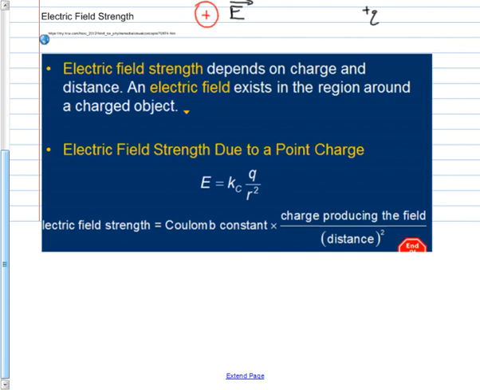So electric field strength due to a point charge, here's our next formula. Electric field strength equals Coulomb's constant times the charge producing the field, divided by my distance squared. The closer I am, the stronger that electric field strength is. Farther away, the weaker that electric field strength is.